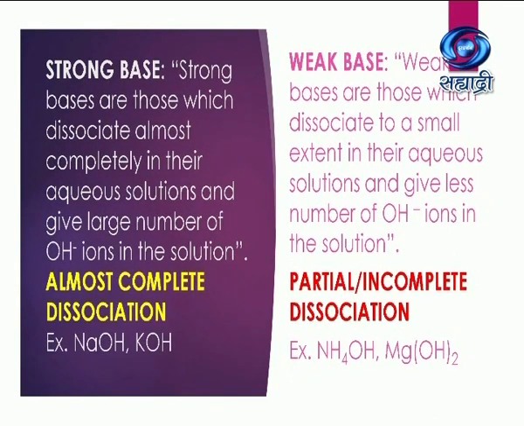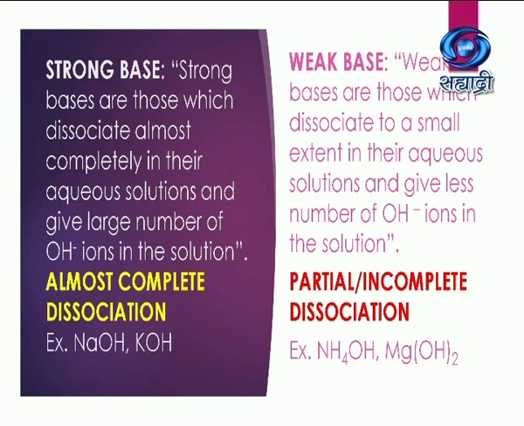Like acids, we can classify bases also as strong bases and weak bases. Strong bases are those which dissociate almost completely in their aqueous solutions and give a large number of OH minus ions in the solution. So, almost complete dissociation.